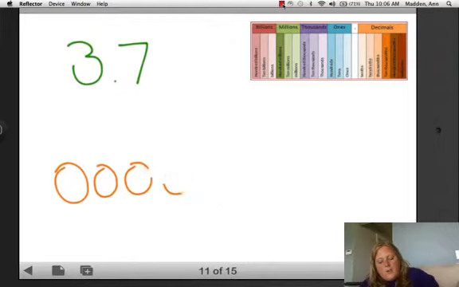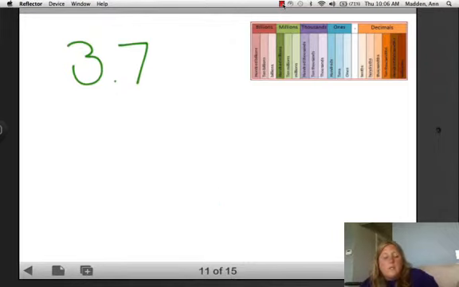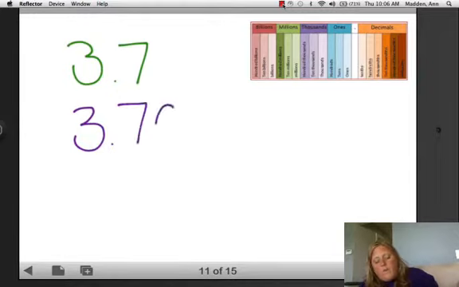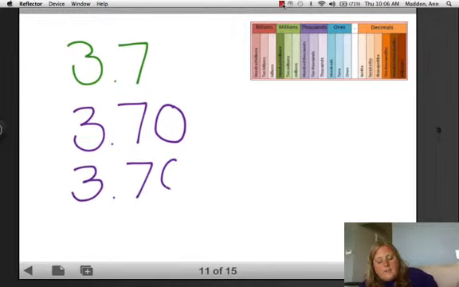They also have equivalents, but instead of putting the zeros in front, we're going to put them behind. 3 and, how would I say this number? 3 and 7 tenths. An equivalent decimal could be 3 and 70 hundredths. Or 3 and 700 thousandths.